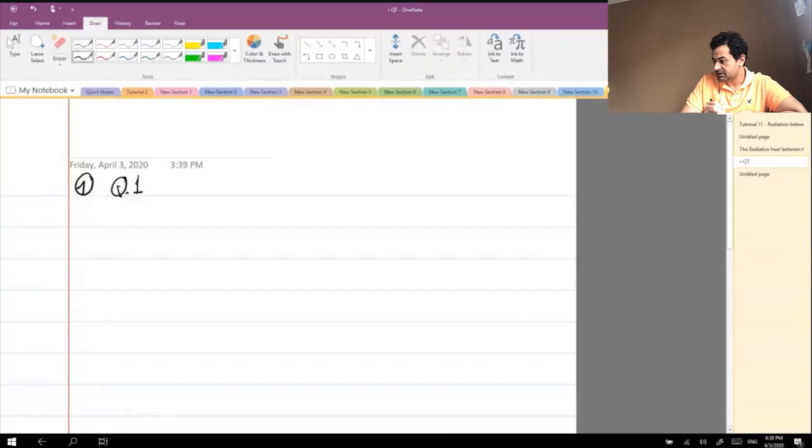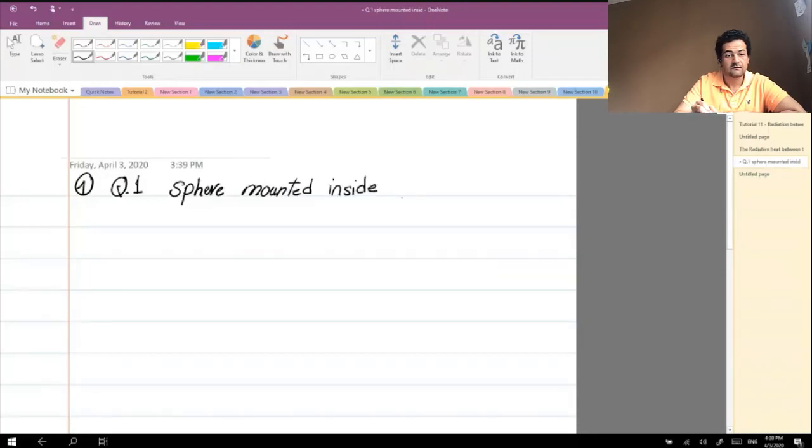Question number 1 is: a sphere is mounted inside the cylinder. So let's draw the cylinder here.